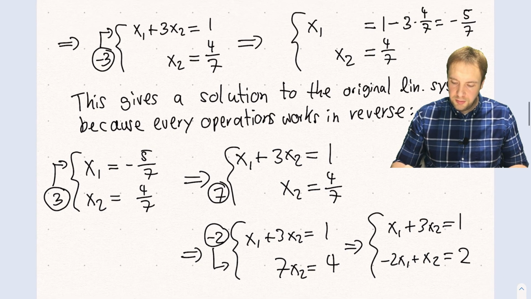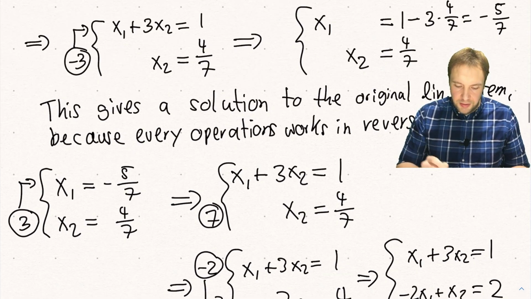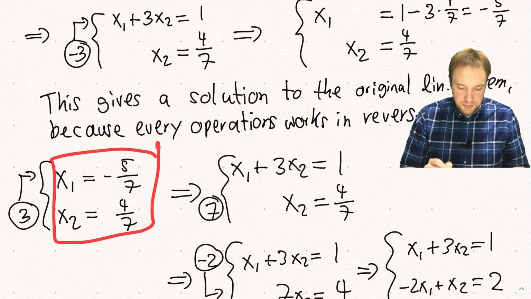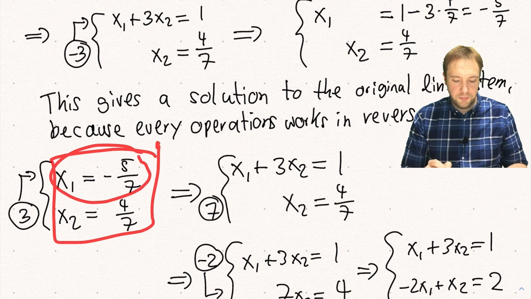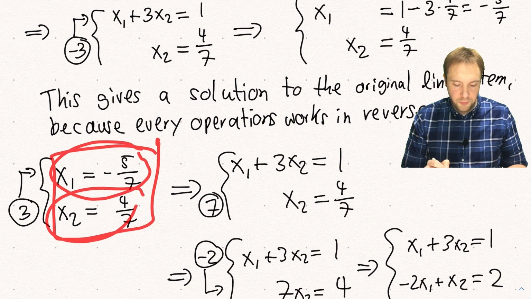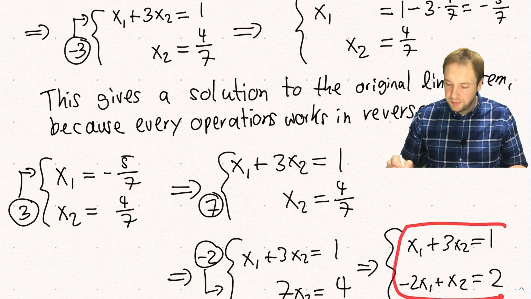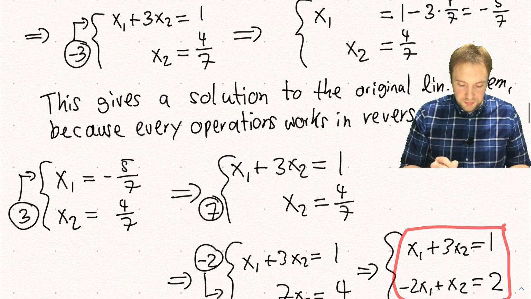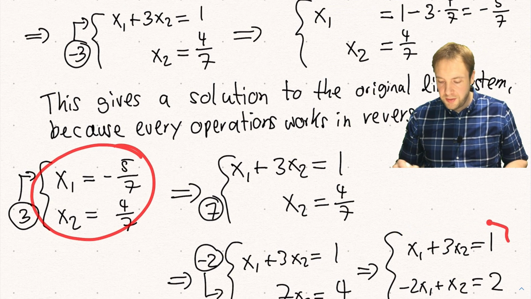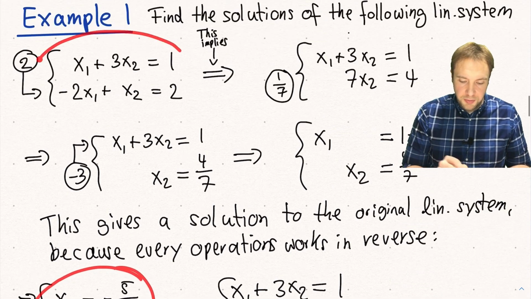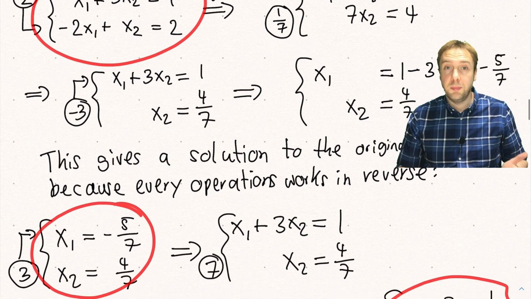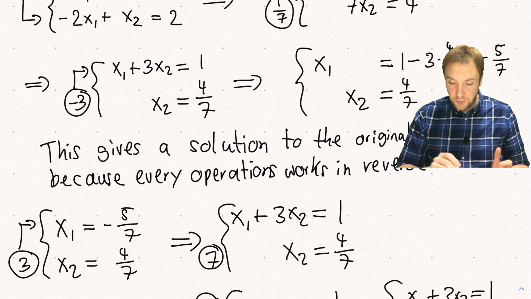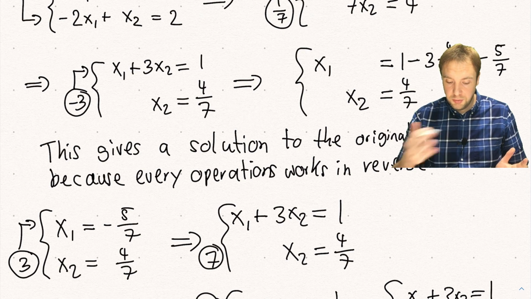And therefore these two numbers, so if x1 is minus 5 over 7 and x2 is 4 over 7, then they also satisfy this equation. So these two linear systems, the simple one and the one we started with, have exactly the same solutions, because all of these steps we did were invertible.